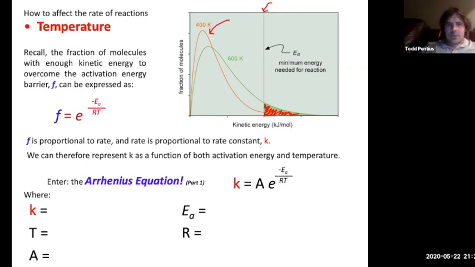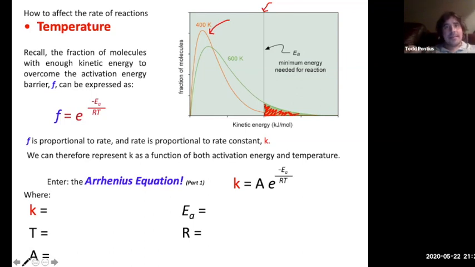So now what we're going to do is actually take a quantitative look at this. Introducing the Arrhenius equation. Before we looked at our fraction of molecules that have a certain energy level, and we said that it was proportional to e to the power of negative activation energy divided by RT.